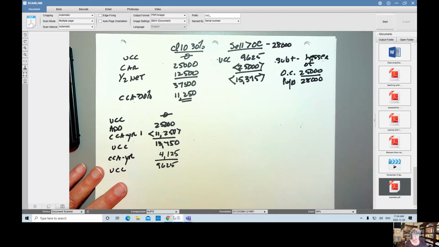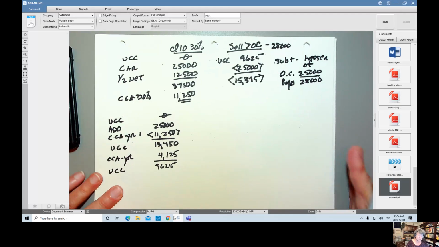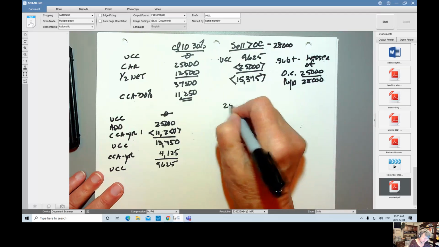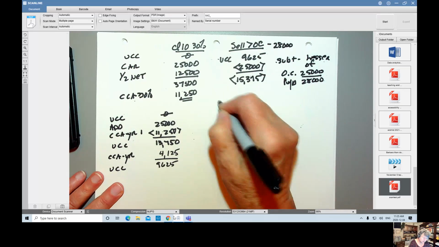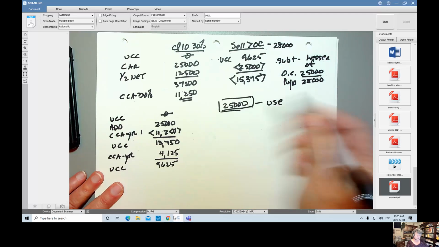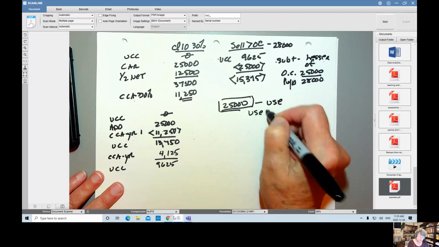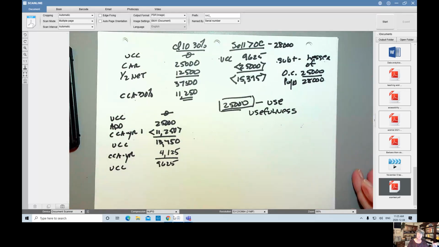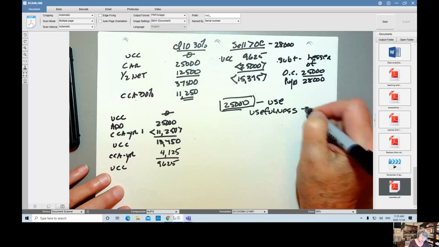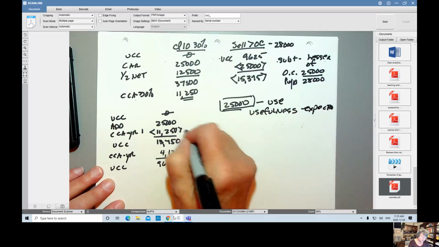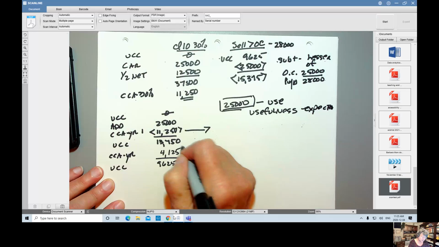So once the account goes negative, what is this telling us? All right, remember I said this is not valuation. So what we're saying is I had this 25,000 cost that I incurred for something I expect to use. So this represents usefulness. I had 25,000 of expected usefulness that I thought I would have. So what does the CCA represent?